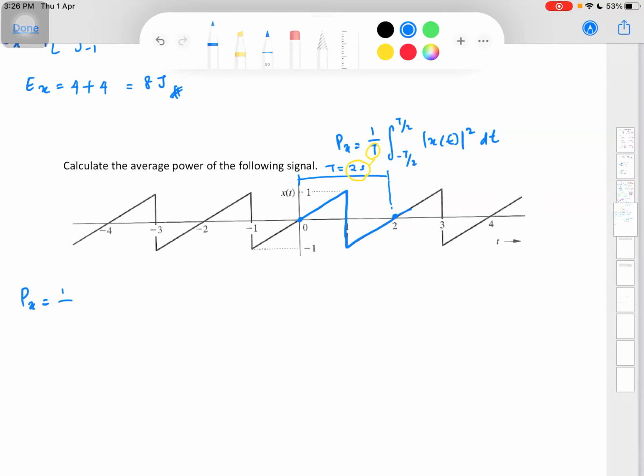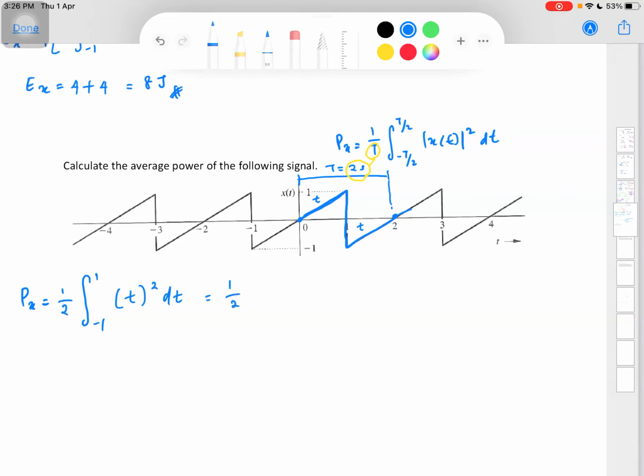So we will have 1 over 2. Okay, 2 over 2 will be 1, and here is minus 1, and the signal is the slope, okay, of this slope is t, and this slope is also t. So we will have t square dt, for the entire period.